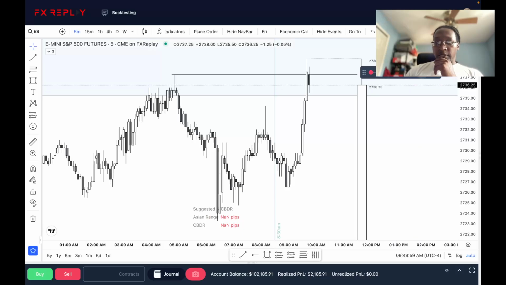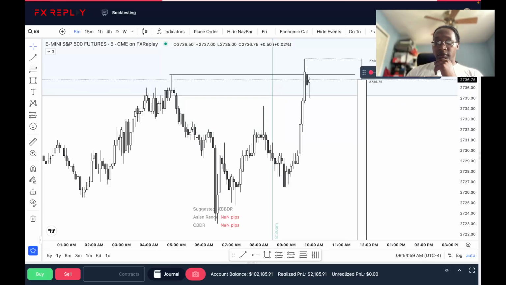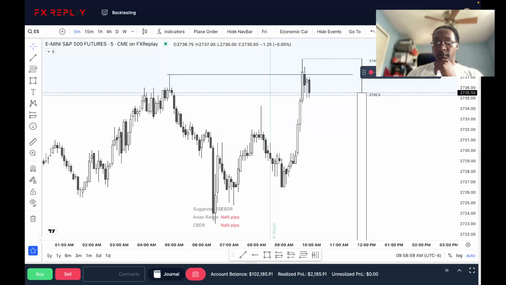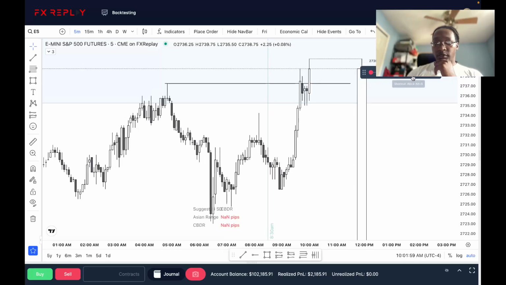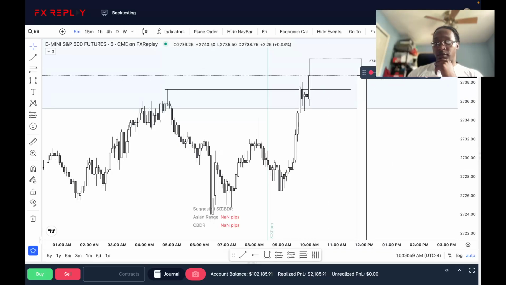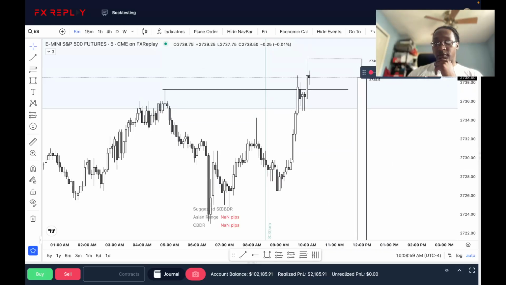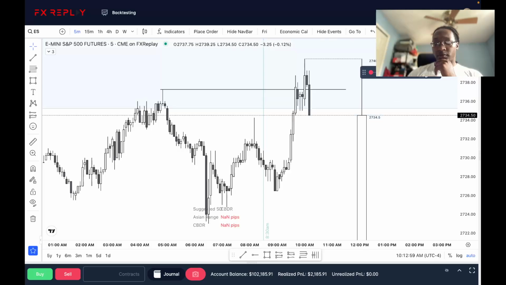So let's see what we can do here. Yeah, found support at this inefficiency here. This is 10 a.m. See if we get that continued displacement higher. We don't. We shift structure here. We run out buy side.